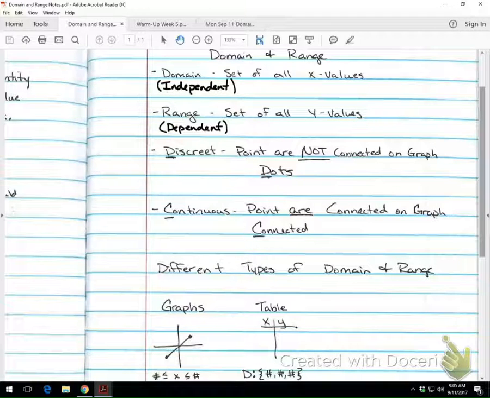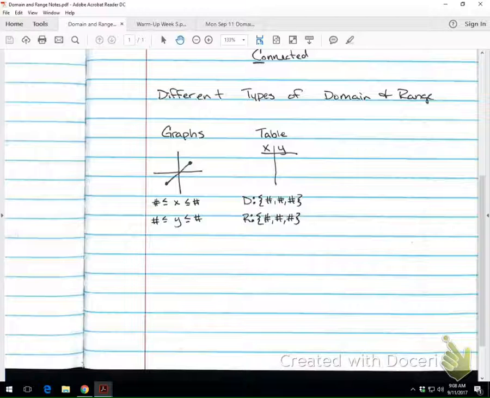Alright, so now there's different types of domain and range. Okay? Now you may have domain and range of graphs, and you may have domain and range of a table. Okay? Now when they're just linear graphs, where you can see each edge of the graph, that means there's a dot on each end.